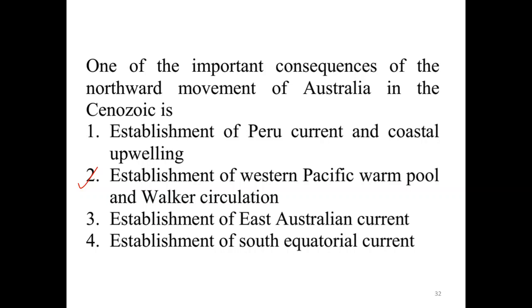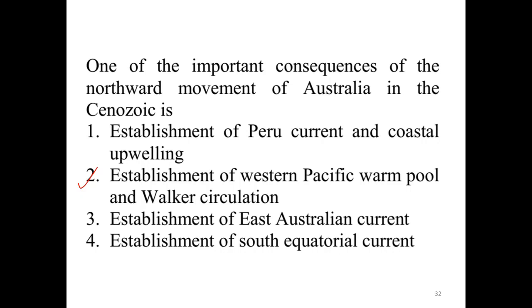So what it is asking about is the northward movement of Australia in Cenozoic. This northward movement of Australia led to the formation of the Indonesian archipelago or Indonesian islands, which act as the choke point in the transfer of water from Pacific to Indian Ocean. As a result, Western Pacific warm pool was formed.